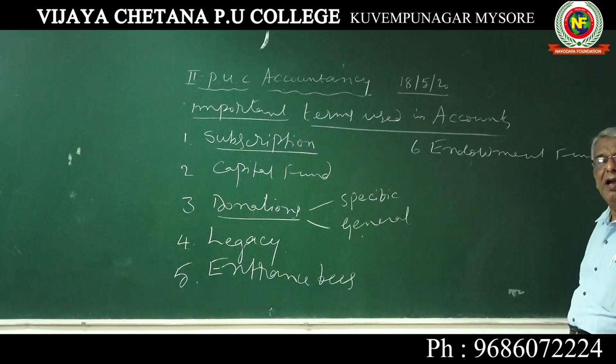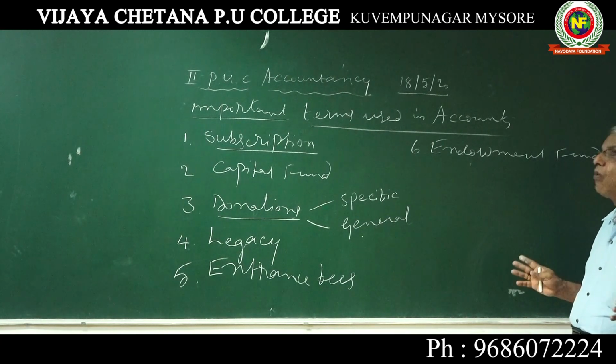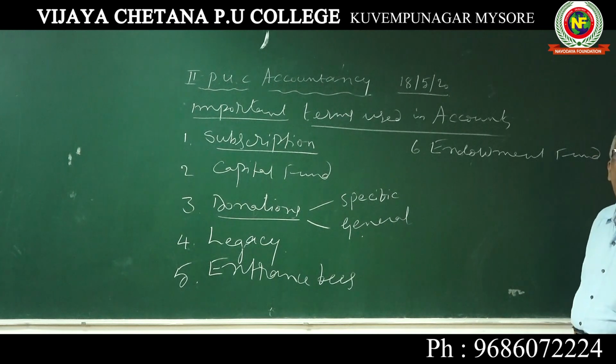It is a fund given by any person or any organization to the not-for-profit organization in the form of cash or in the form of property, to use that amount for a specific purpose.